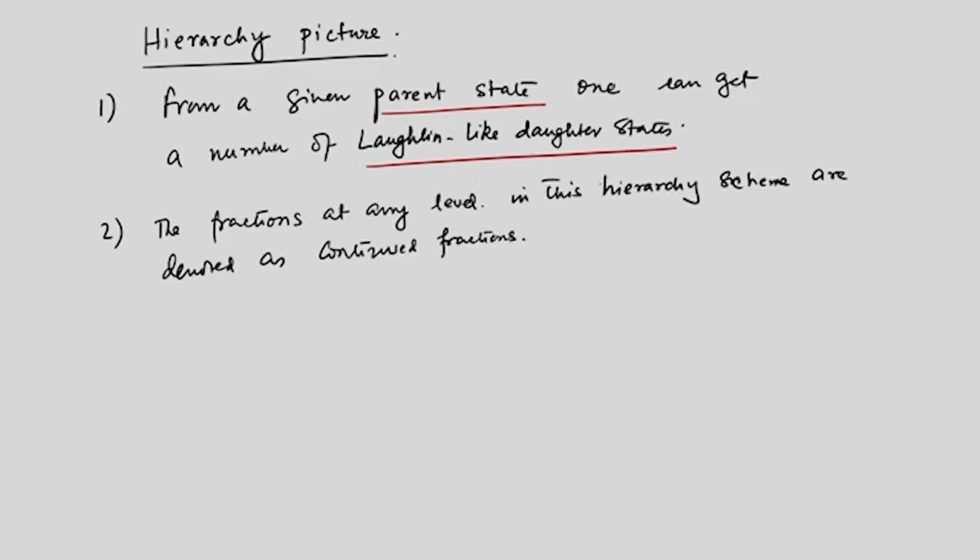You might have seen continued fractions even in school. The fractions carry on, and at a given level of the parent state, multiple daughter states will emerge, giving a large number of fractions and so on. It's not that all the fractions predicted from this hierarchy scheme are seen in experiments, but quite a few of them have been observed.